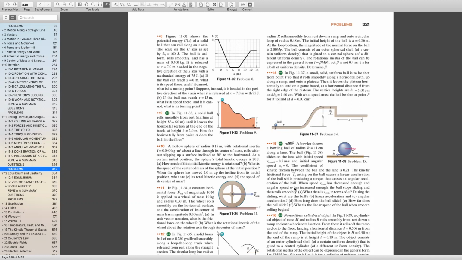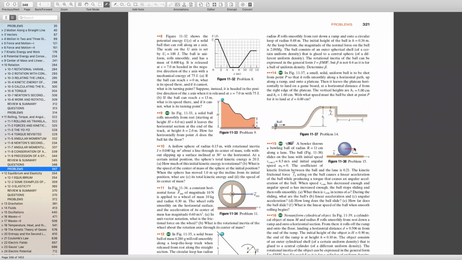When the speed v has decreased enough and the angular speed has increased enough, the ball stops sliding and then rolls smoothly.